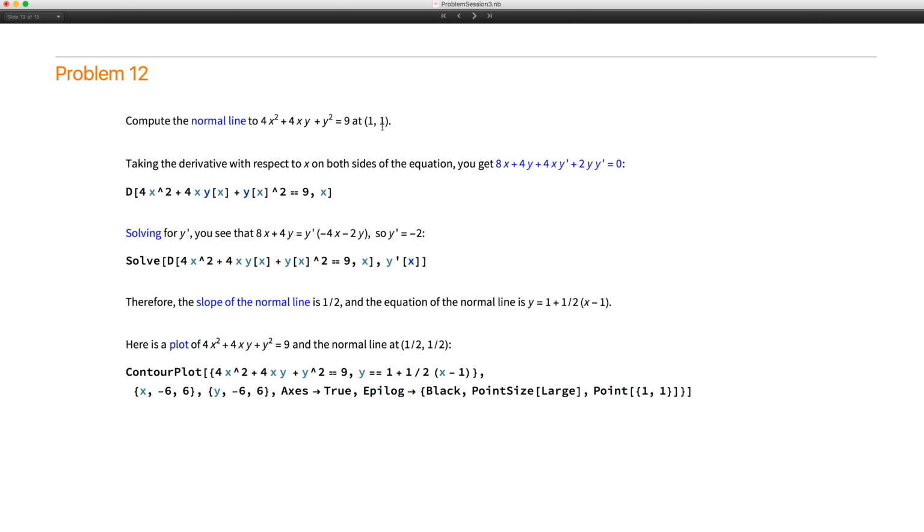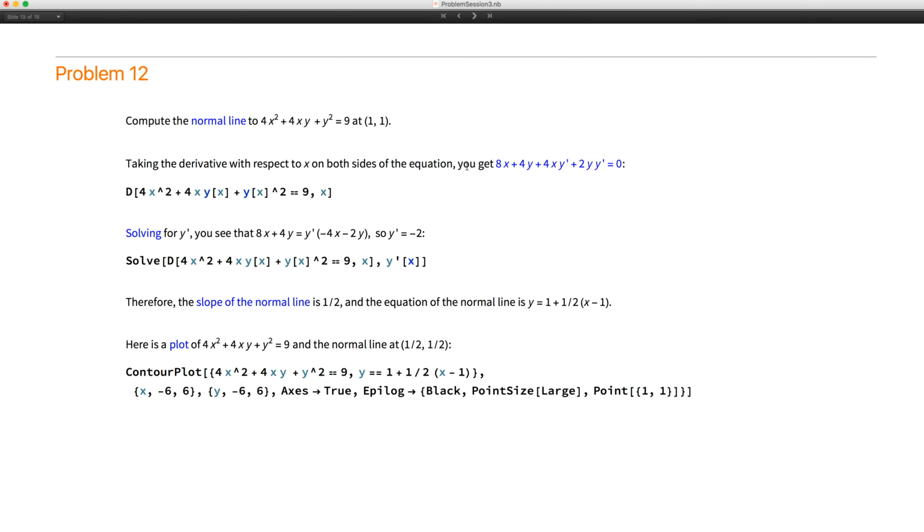Okay, on to number 12, which says find the normal line to this curve at 1, 1. So the normal line is perpendicular to the tangent line, so you must first find the slope of the tangent and then work out the slope of the normal.